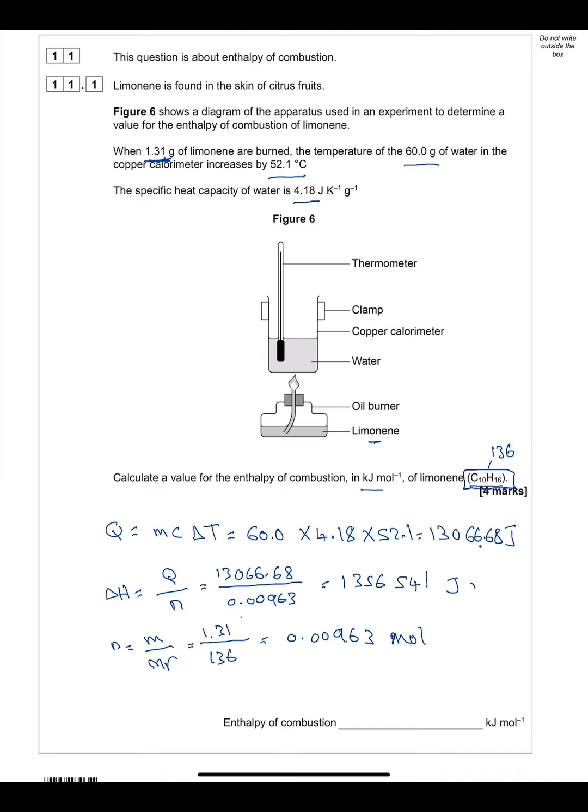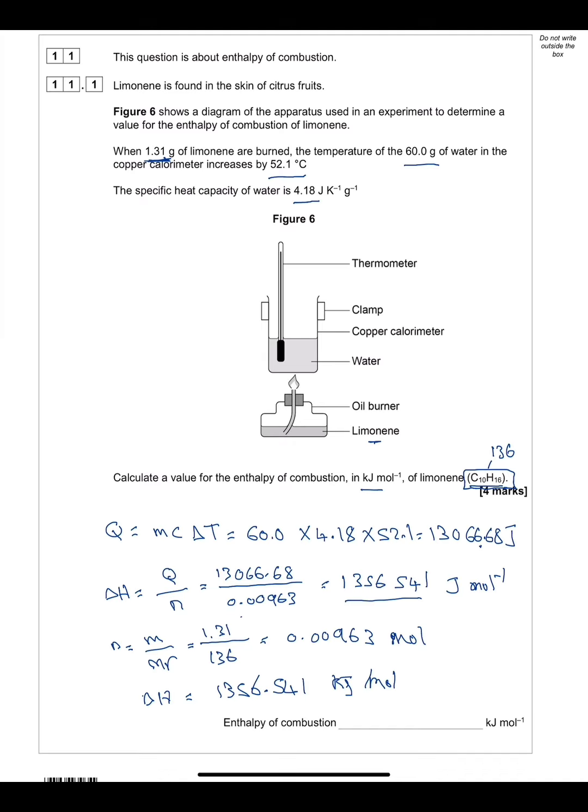1,356,541 joule per mole. Now we need to find the enthalpy of combustion in kilojoule per mole. So you have to divide this value by 1,000. So it's going to be 1,356.541 kilojoule per mole.